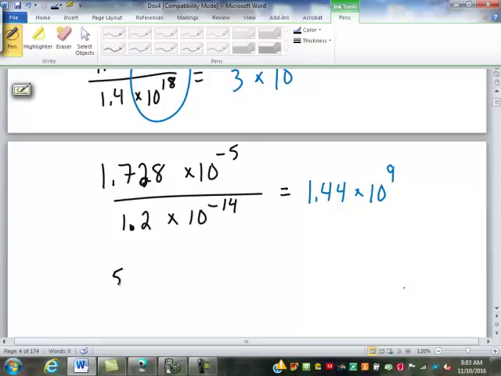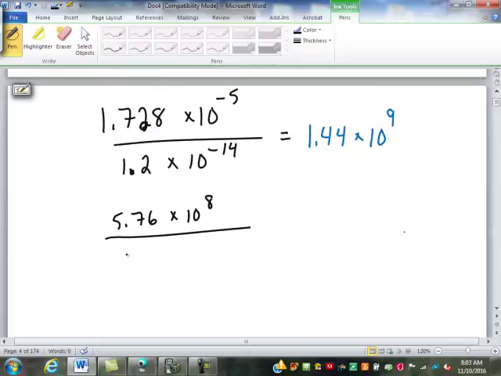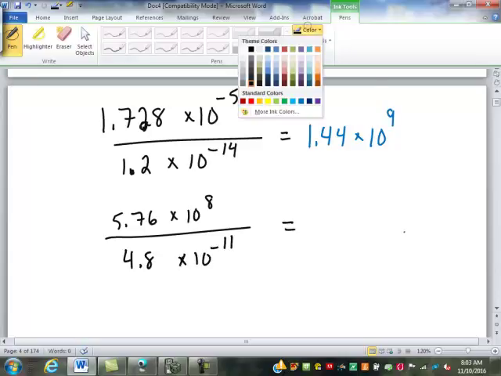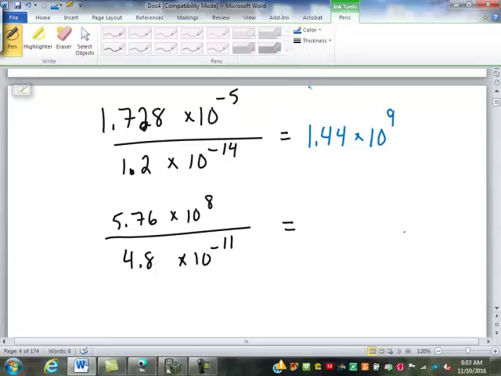We might have 5.76 times 10 to the 8th divided by 4.8 times 10 to the negative 11th. 5.76 divided by 4.8 is 1.2 times 10 to the 19th. Very good. 8 minus a negative 11 is 19.